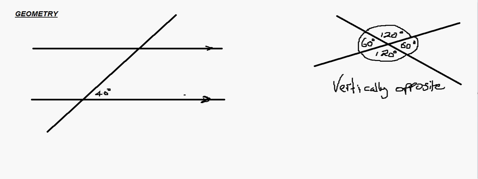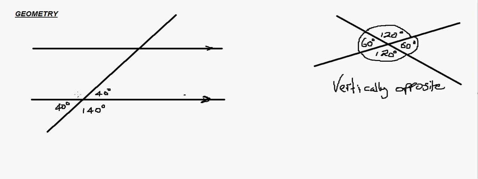Now I know that opposite angles are equal, so this must be 40 degrees. Now I know a straight line is 180, so if I want to find this angle, it's on a straight line, so 180 less the 40 would be 140 degrees.